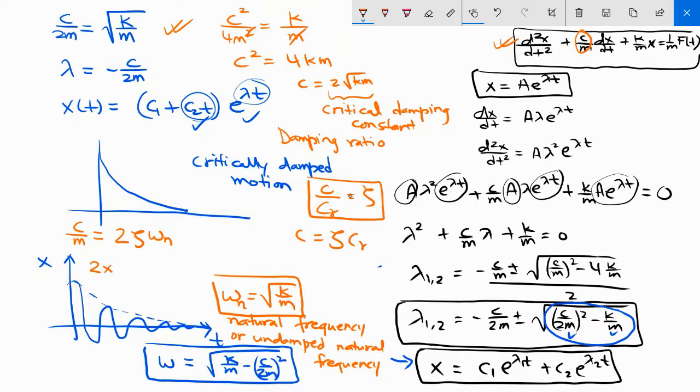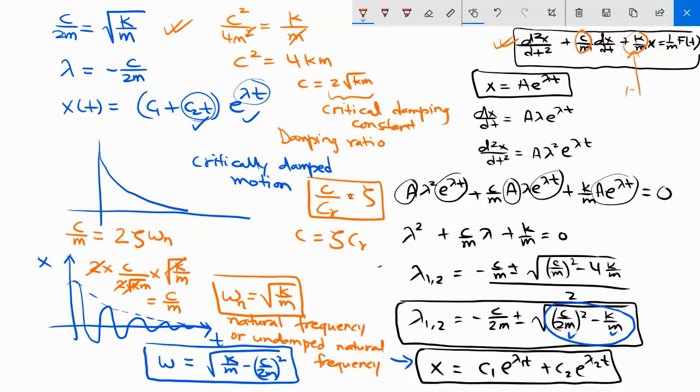Damping ratio is c divided by the critical damping constant, which is 2 times square root of km, times the natural frequency, that is square root of k over m. So 2 and 2 cancel, square root of k and square root of k cancel out. We have square root of m times square root of m, that gives us m. So this will be equal to c over m.